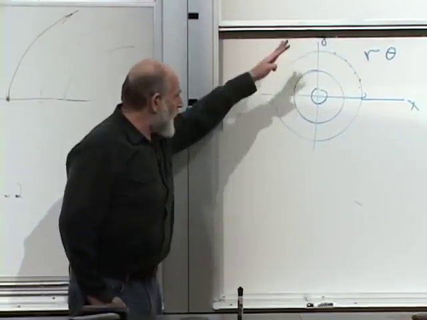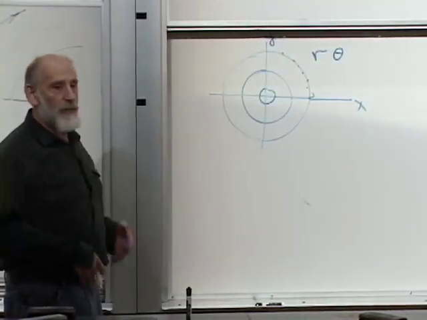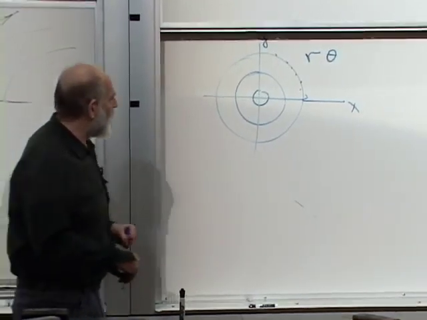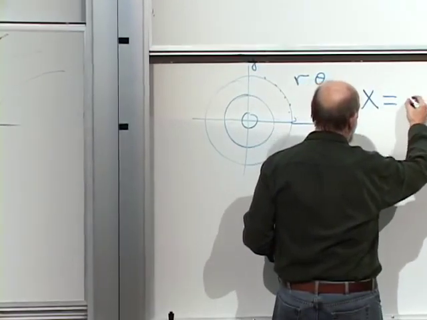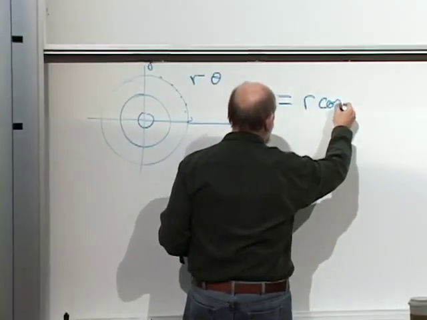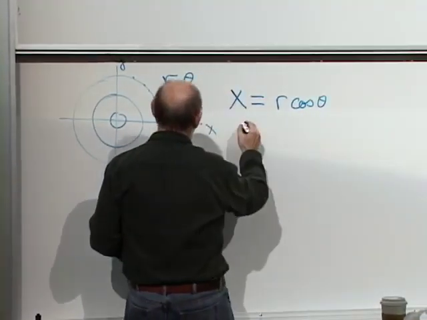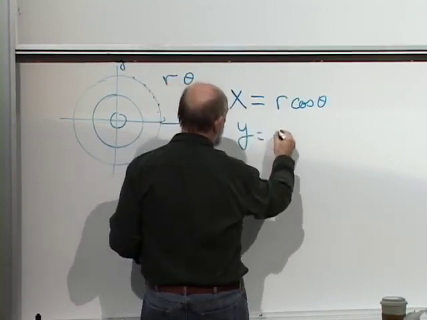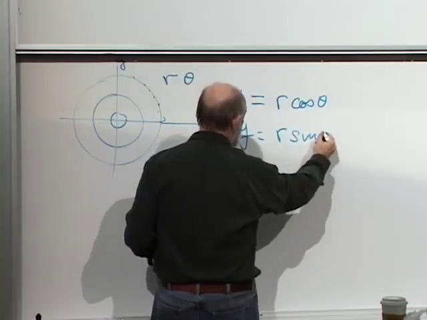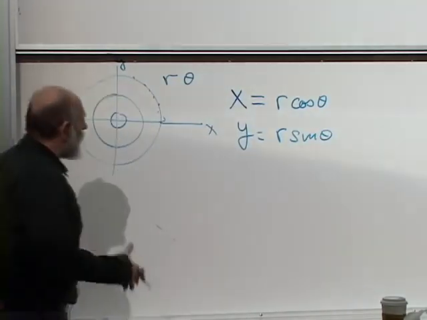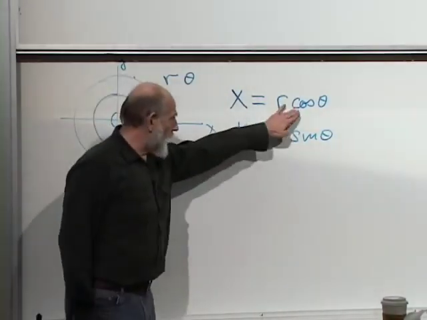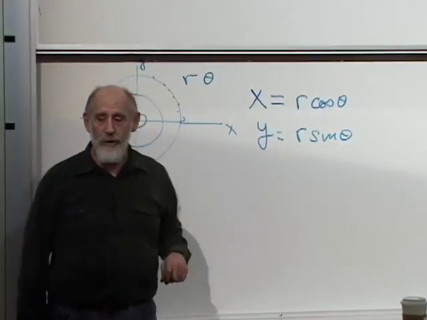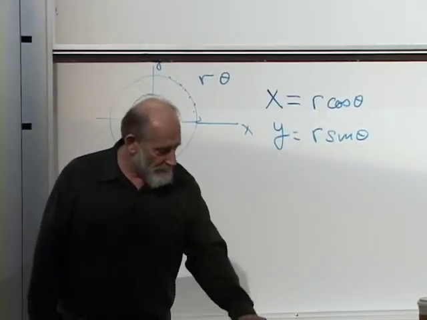Okay. What's the connection between x, y, r, and theta? I think we've done this more than once. x is r cosine theta, and y is r sine theta. And notice that x squared plus y squared equals r squared. That's because cosine squared plus sine squared equals 1.